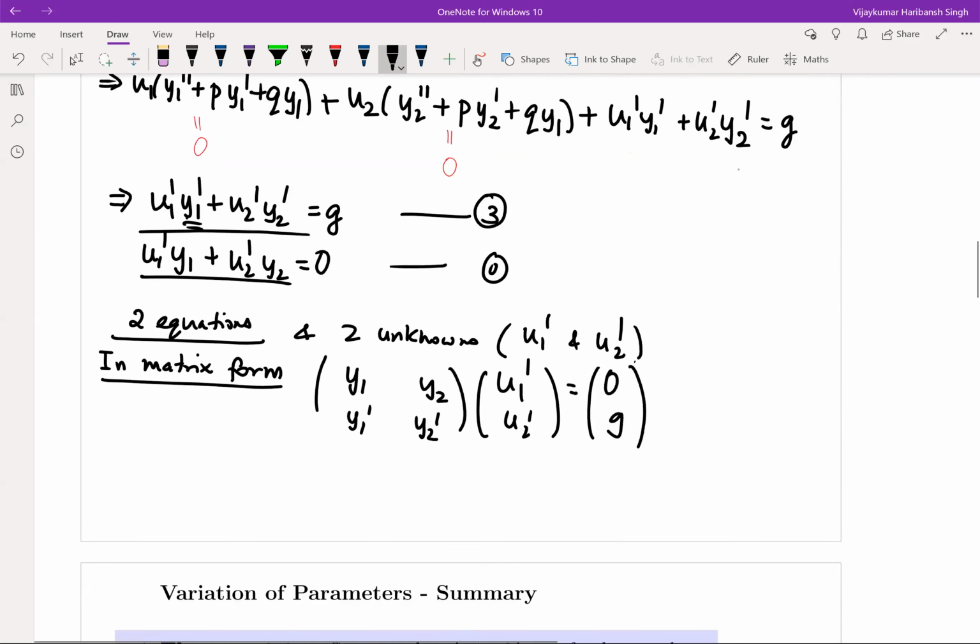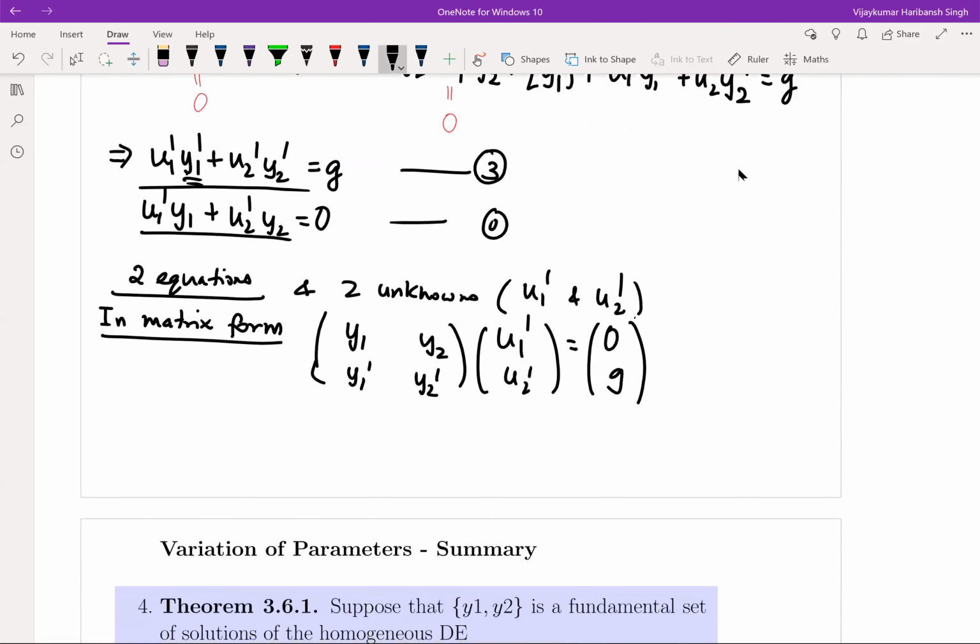Now note the determinant of this is what? This is the Wronskian. The determinant of y1, y2, y1 prime, y2 prime is equal to the Wronskian of y1, y2.